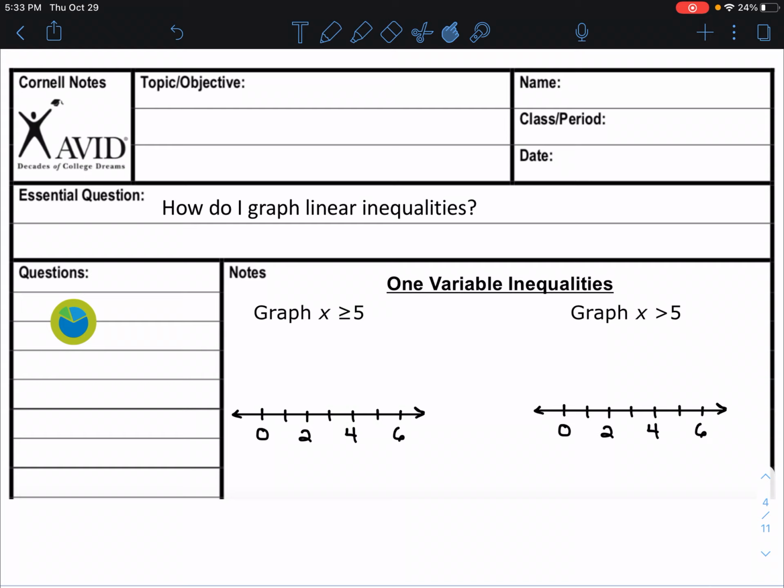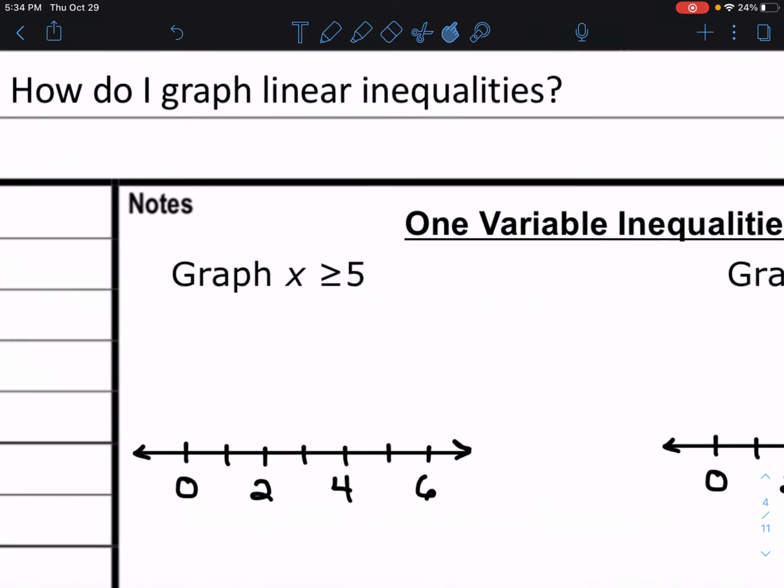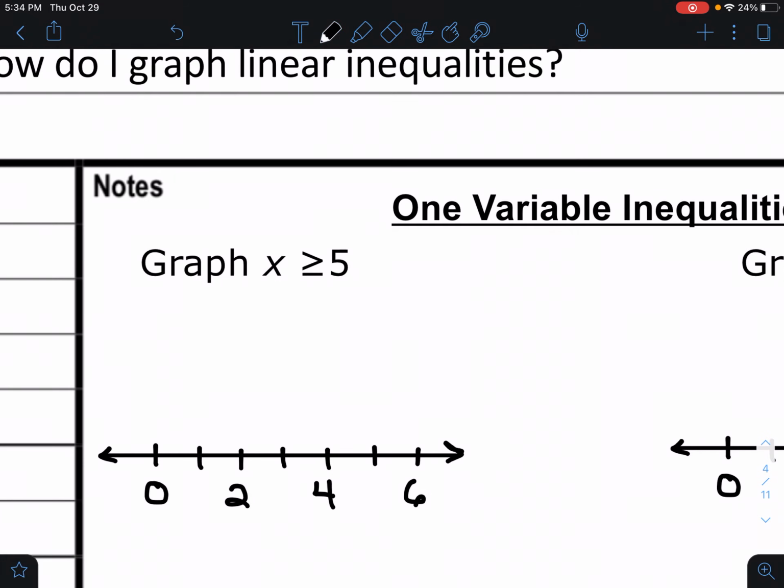Before we get into linear inequalities, let's talk about inequalities in one variable. So this first one says graph x is greater than or equal to 5. Here's 5 right here, okay?